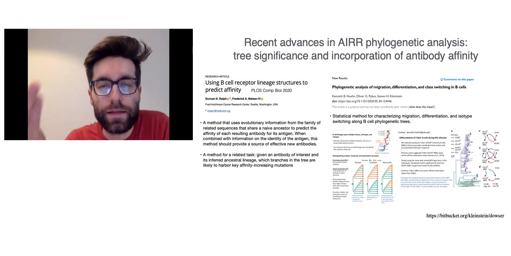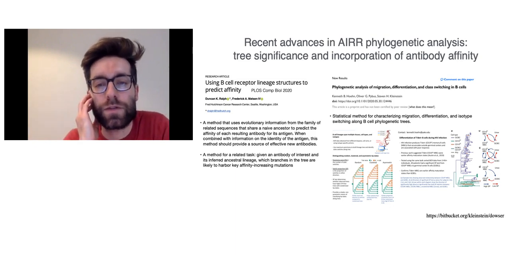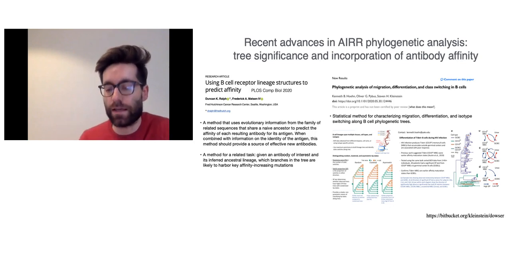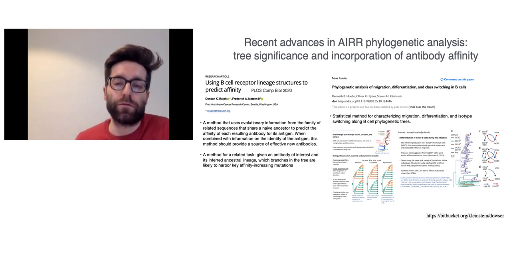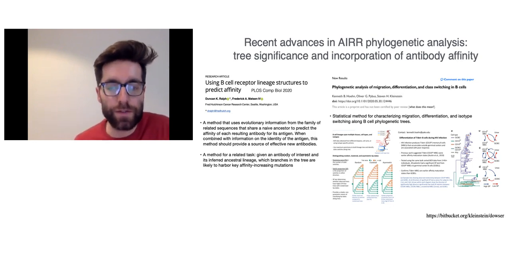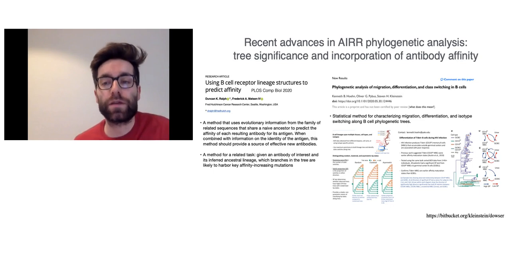And here an approach was developed that can statistically characterize migration, differentiation, and isotype switching along B cell phylogenetic trees, so that you can say whether some phenomena that you see in this tree are significant or not.